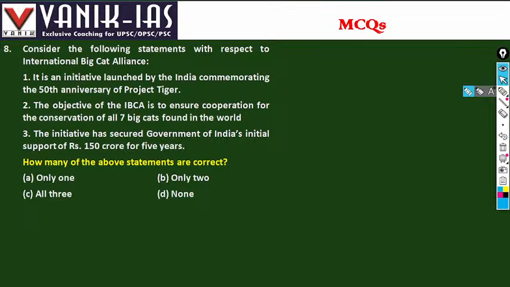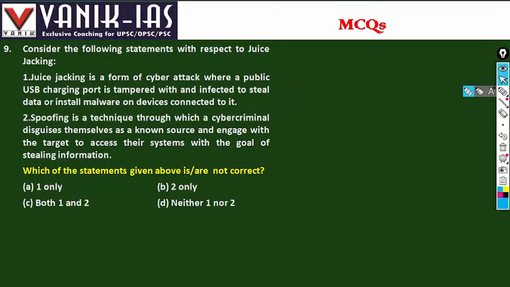It is an initiative launched by India commemorating the 50th anniversary of Project Tiger, launched in 1973. The objective of the International Big Cat Alliance is to ensure cooperation for the conservation of all 7 big cats found in the world. The initiative has secured the Government of India's financial support of 150 crores for 5 years. So, here all three are correct.